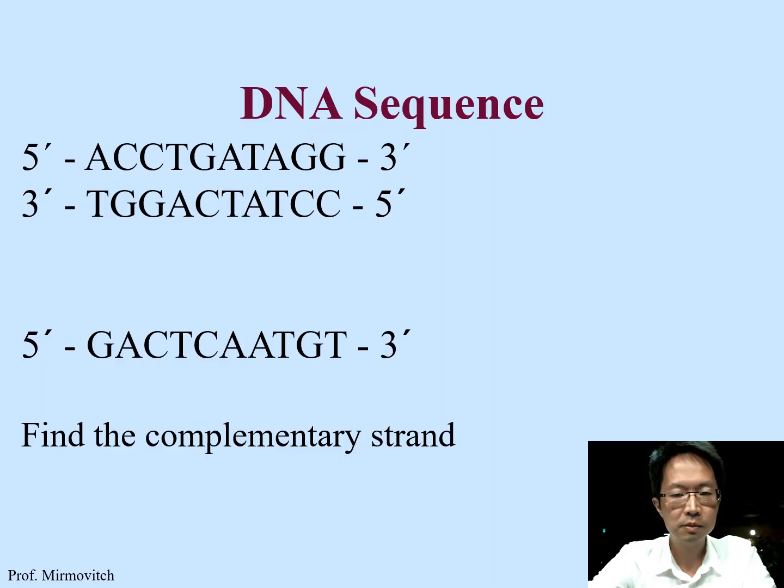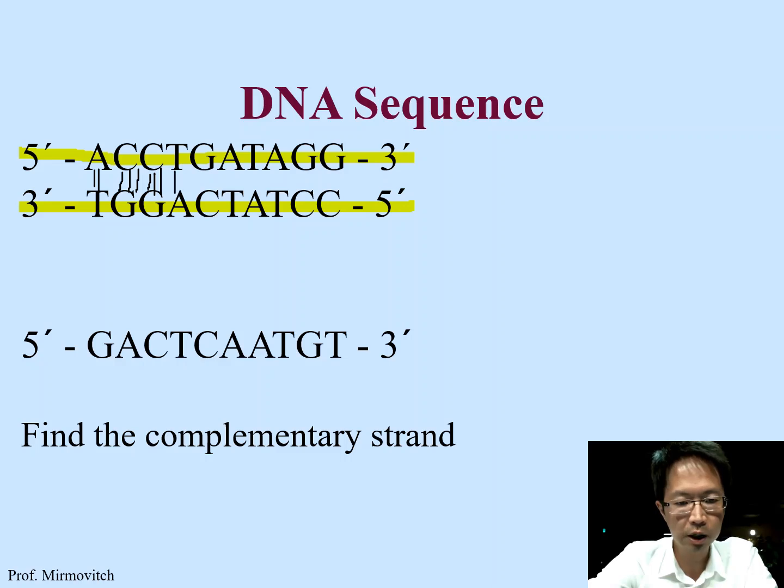Okay, so DNA sequence. Now let's go back one step. Let's talk about DNA base pairing. You know that DNA is an anti-parallel structure. So one strand is 5' to 3', the other strand is 3' to 5', and they follow the base pairing rule: A to T with 2 hydrogen bonds, C to G with 3 hydrogen bonds, T to A also 2 hydrogen bonds, G to C also 3 hydrogen bonds.